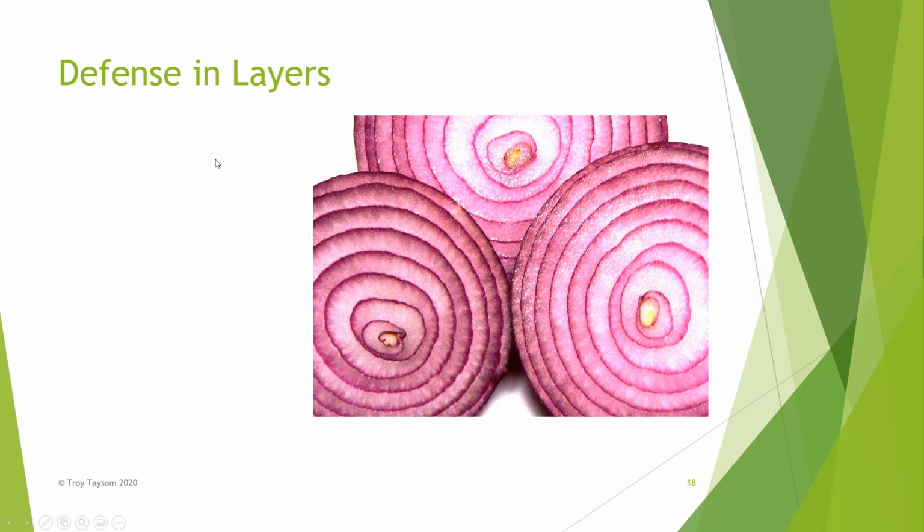So let's talk about it in the sense of an onion. Some of you, this visual may work better for you. If you look at this very center of an onion, this is your data, okay? This is what you're protecting. And if you notice an onion, it has layers.